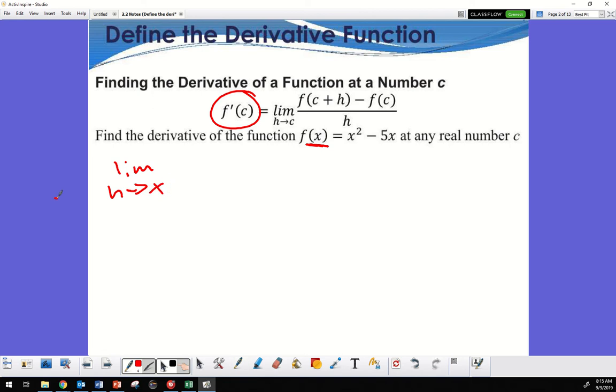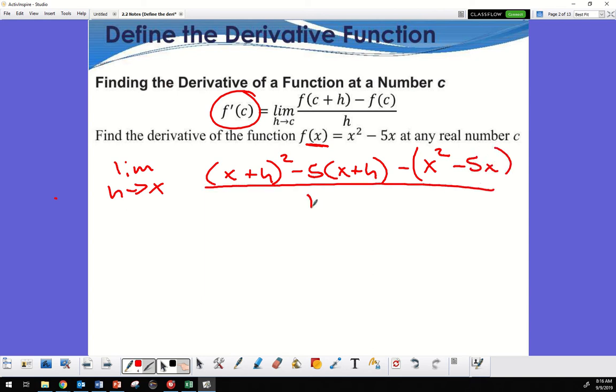I'm going to have f of c, x plus h, squared, minus 5 times x plus h, minus f of c. Now my f of c is just f of x, which is x squared, so I'm going to put a parentheses here, minus 5x, all over h.